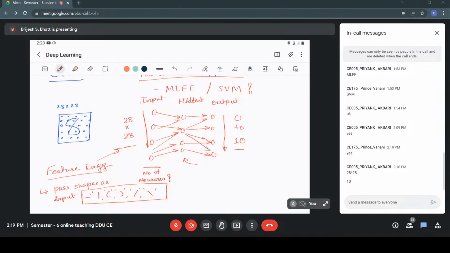If you can imagine other things, that is also fine. So you can do this kind of feature engineering, and then instead of passing these 28 cross 28 pixels, pass just this, so that you need to pass fewer dimensions and more relevant information.